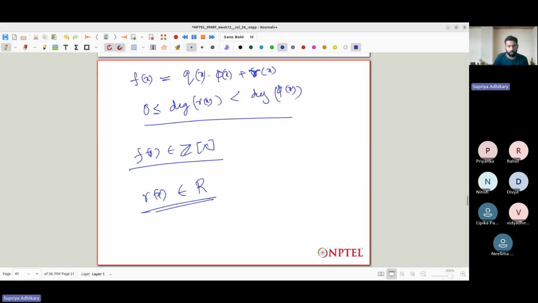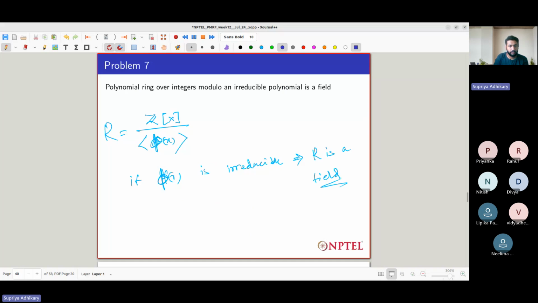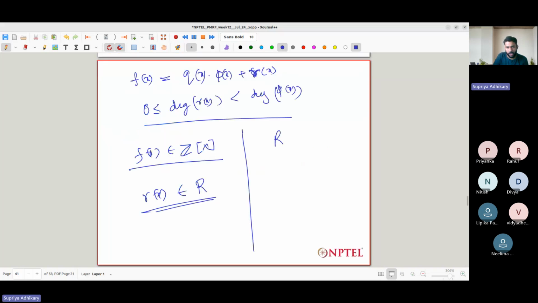Okay. Now, in order to prove that this R is a field, we already know that R plus is an abelian group, and R dot is a group. Sorry, that is what we have to prove, that R dot is an abelian group.